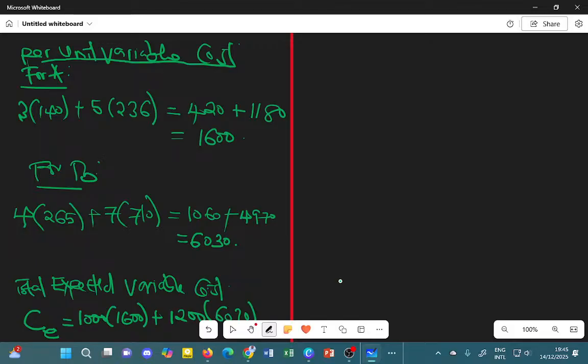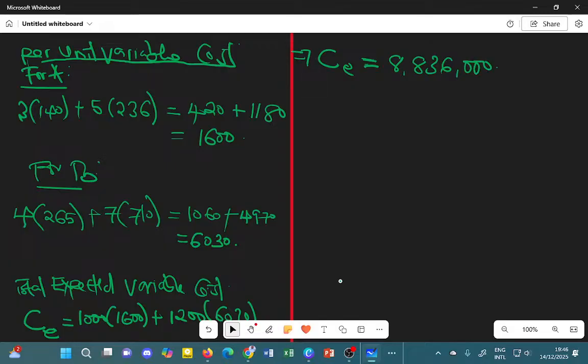And this then should give us that expected total cost is, if you work this out, 8,836,000.